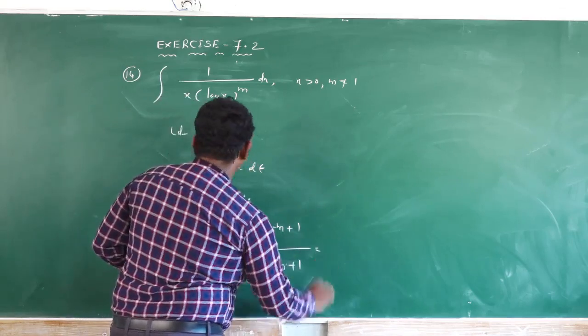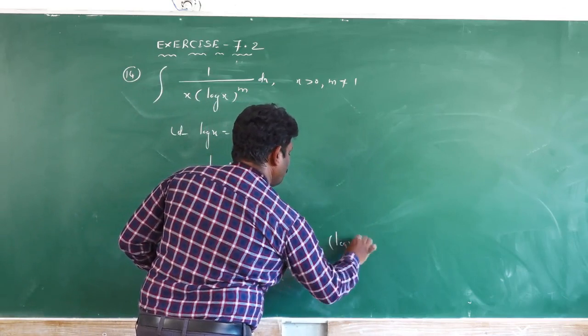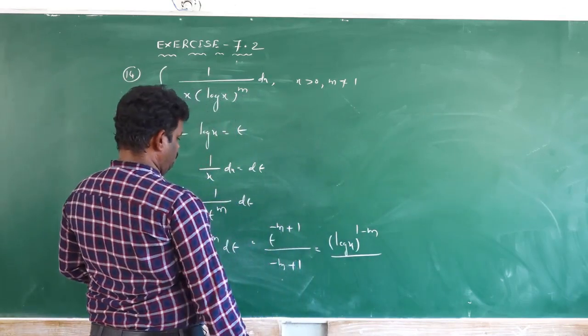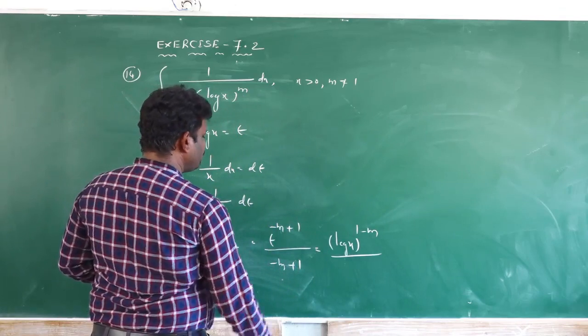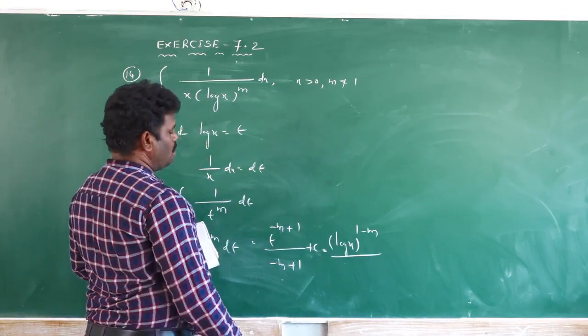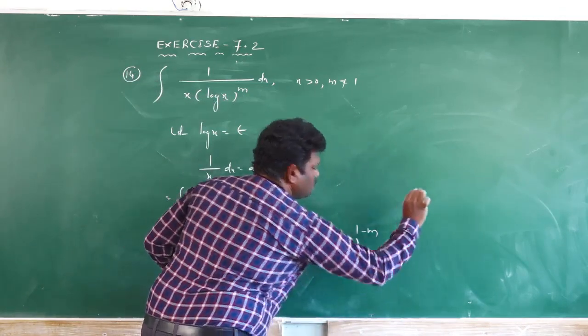With t equal to log x, that is log x whole power 1 minus m by 1 minus m, plus c.